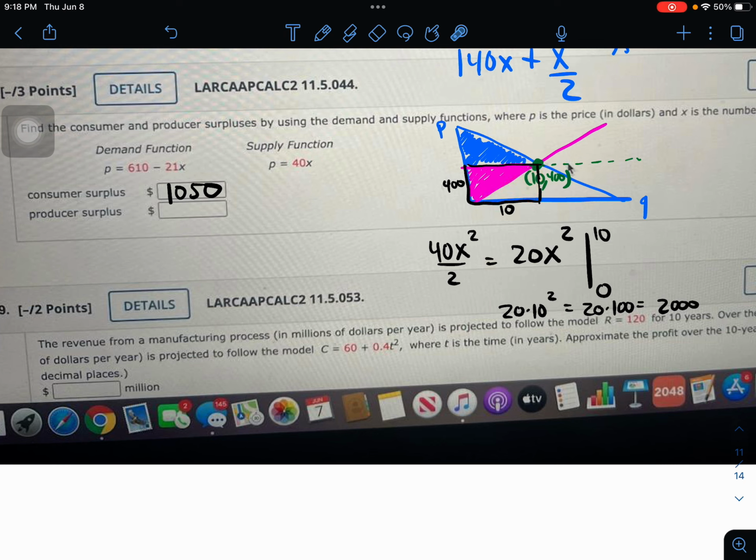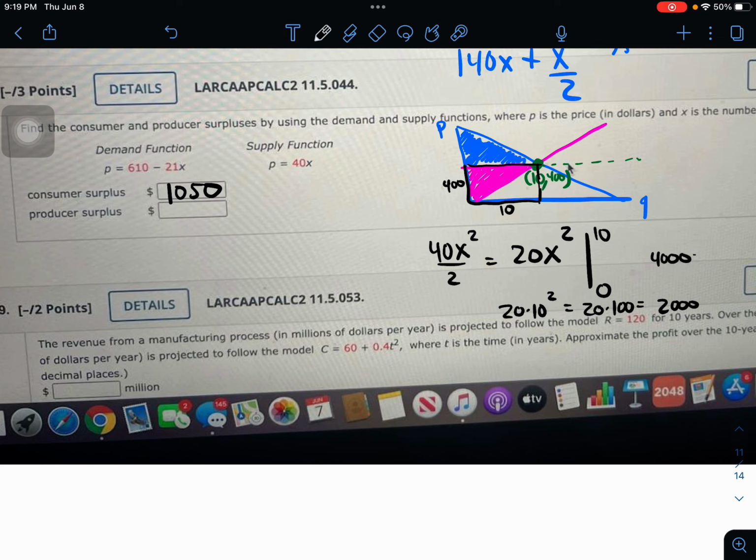That's not the area I want though. What I'm going to do is I'm going to take the area of this rectangle right here, and I'm going to subtract out the area I just found, that little white space down here, and that'll leave me with the pink area. So remember from a few minutes ago, the area of the rectangle is 400 times 10. It's going to be 4,000.